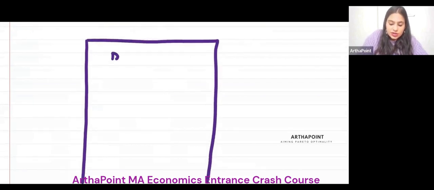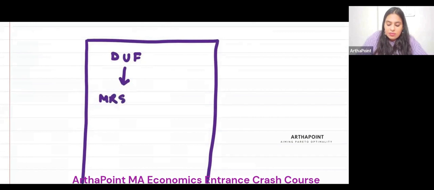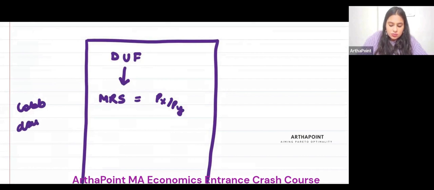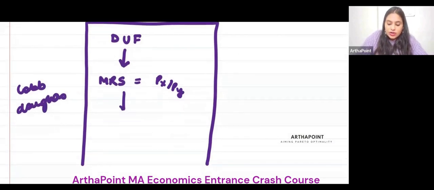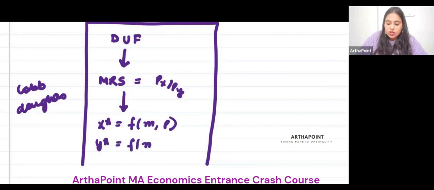We started with the direct utility function today. We equated MRS to PX by PY. This is for Cobb-Douglas goods. We got X star as a function of income and prices, Y star as a function of income and prices.